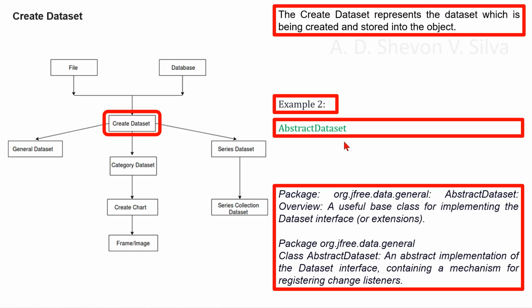The class AbstractDataset is an abstract implementation of the Dataset interface containing a mechanism for registering change listeners. This class provides the default implementation of the change listener mechanism, which allows the dataset to send a dataset change event to registered listeners every time the dataset is updated.